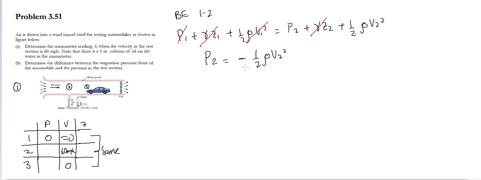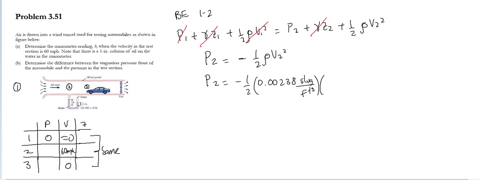And notice that it's going to be negative, and the reason is because this is being taken from the fan. It's basically being absorbed, being sucked in. It is a vacuum pressure. So we solve for the value of the pressure. P2 is equal to negative 1/2. The density of air at standard conditions is equal to 0.00238 slug per feet cubed.